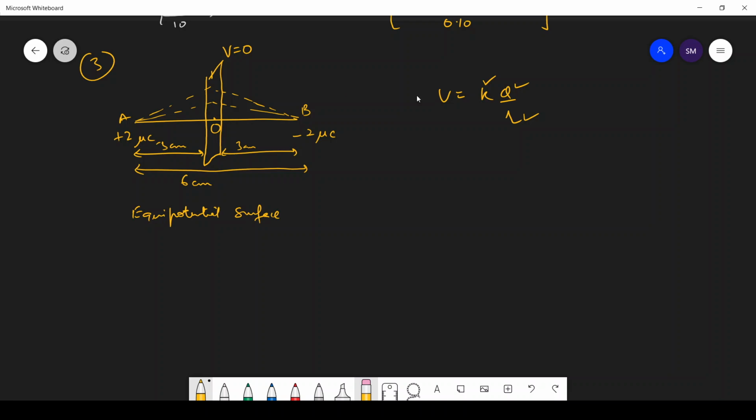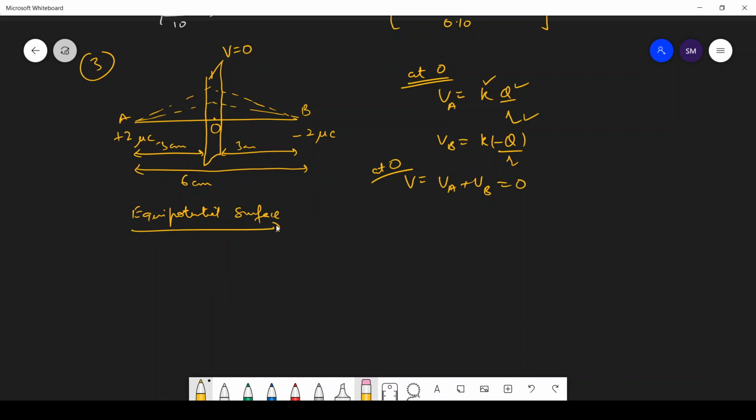So if this is the point A, then the potential at O, VA is this and VB will be K into minus Q by R. So what is the net potential? VA plus VB is equal to 0 at O, at the center, right? Because R is the same, 3 centimeter, 3 centimeter.